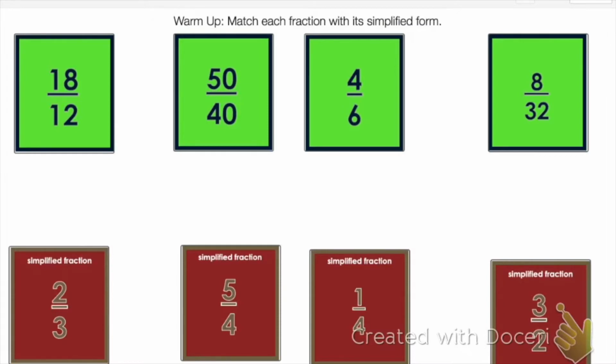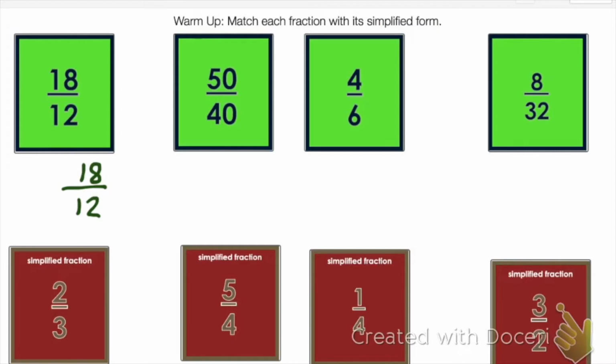Okay, so let's look at 18 over 12. If we look into the multiplication chart, we will see both 18 and 12 go at the row for 6 and at the row for 3.